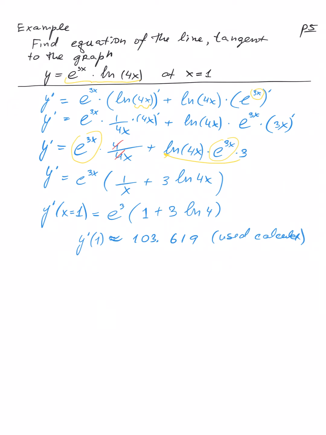What is the point? Well, the point, I have to take the original y function and evaluate at x equal 1, not the derivative. So taking the original y function, that's going to be e to the 3 times 1, which is 3, times ln of 4 times 1, which is 4.